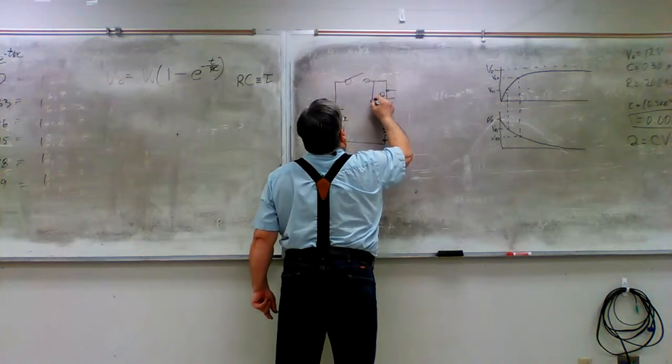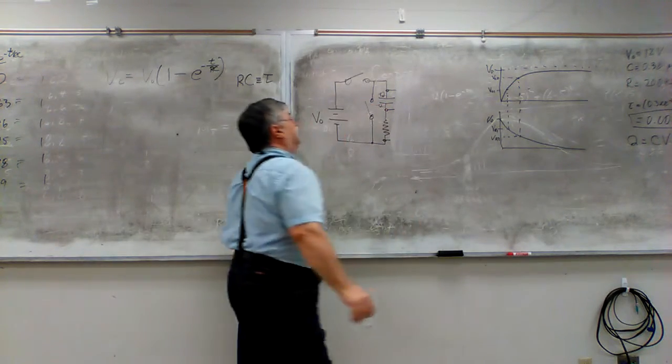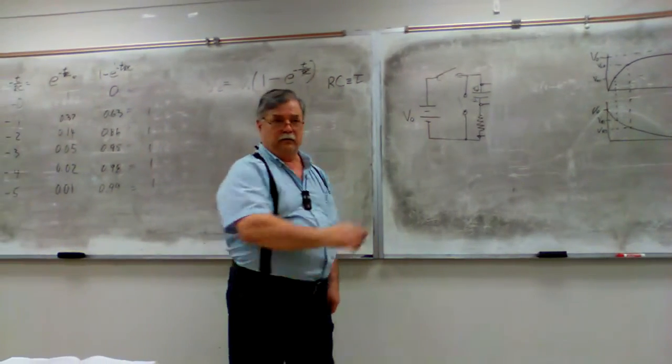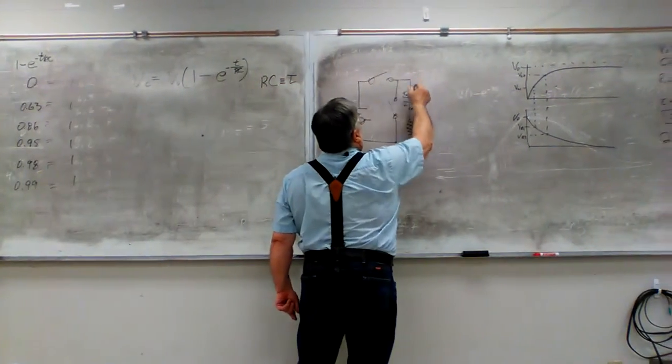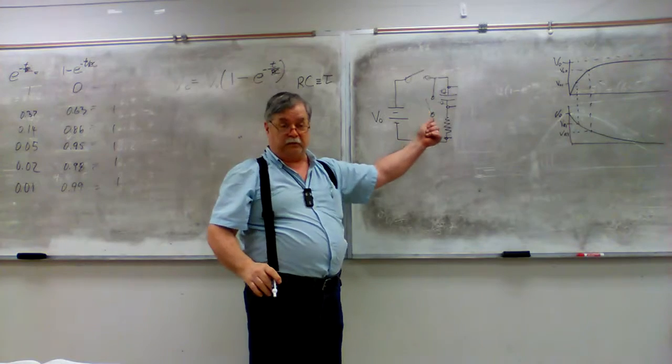You then put a second switch here to discharge it. Now, it's important to notice that we're discharging it through the resistor, okay? We're not just shorting across the capacitor.